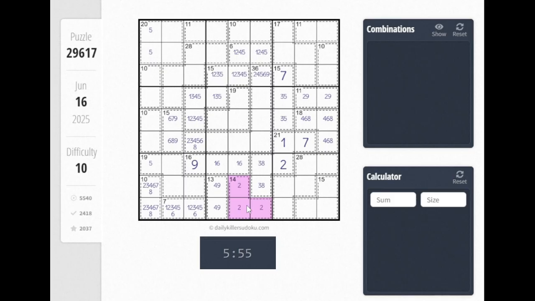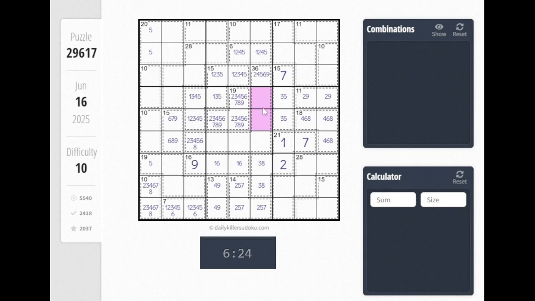And we got 2, 5, 7 remaining out of it. Is there anything else we can do here? I guess we know that that's how that ends up.